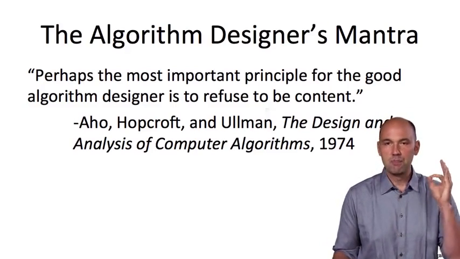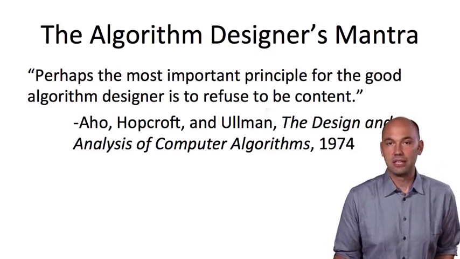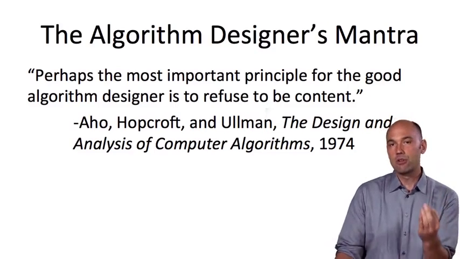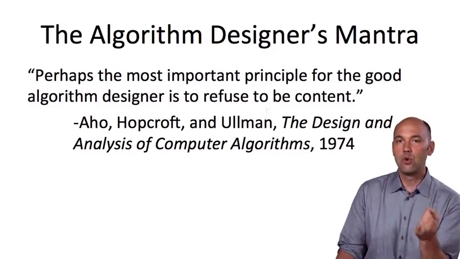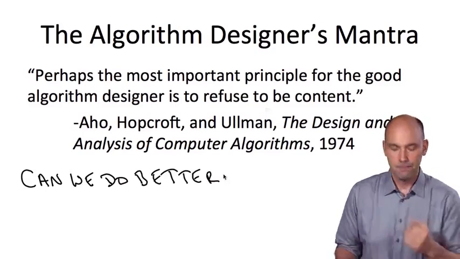And I think this is a spot-on comment. I might summarize it a little bit more succinctly as: as an algorithm designer, you should adopt as your mantra the question, can we do better?